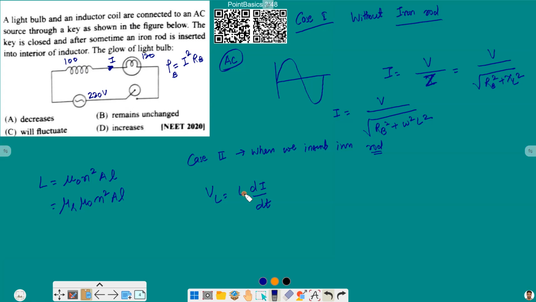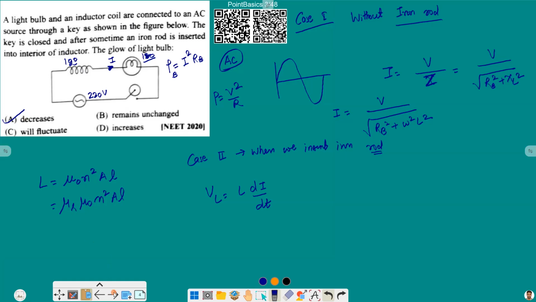Now due to the increase of L, this 100 becomes 120, suppose. So now this bulb only has 100 volts, and in this scenario we can use that power consumed is V square by R. So the potential across the bulb decreases, so its power will also decrease. So we can say eventually the glow of the bulb will decrease.